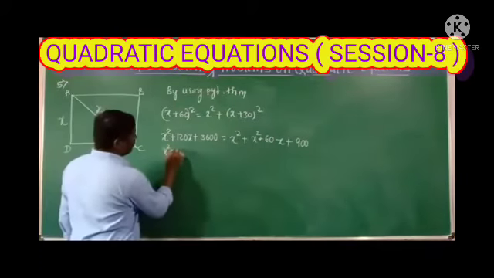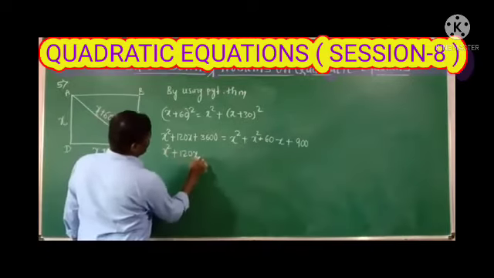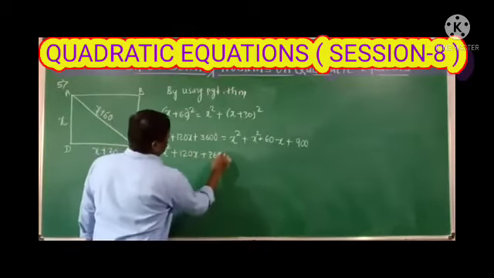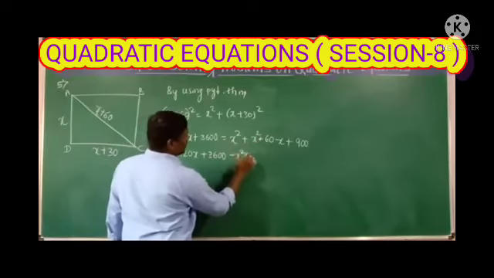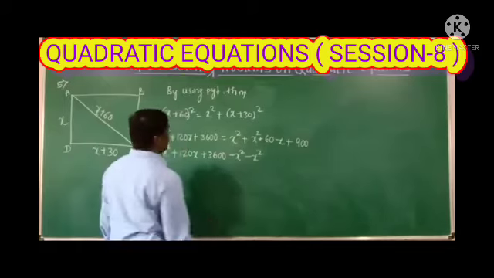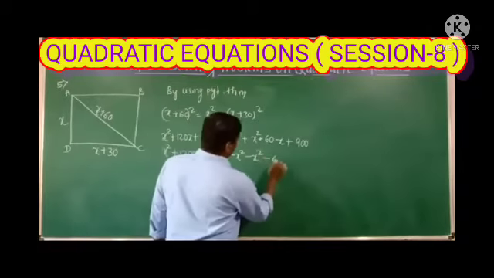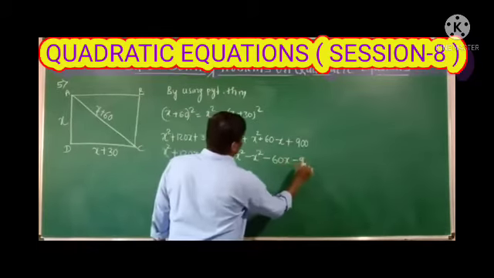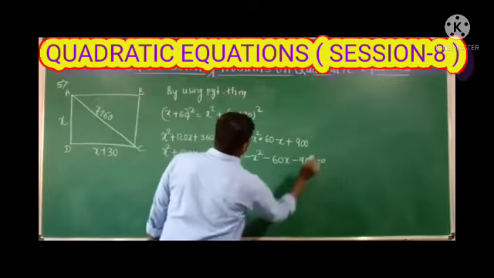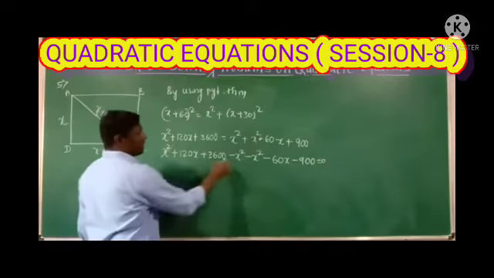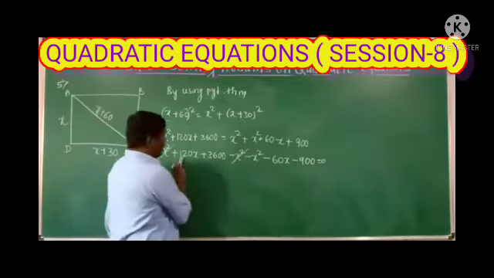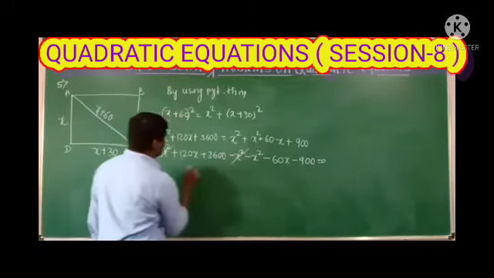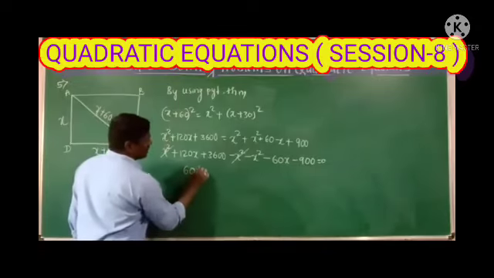x square plus 120x plus 3600, minus x square minus 60x minus 900, which is equal to 0. Plus x square and minus x square get cancelled. 120x minus 60x is 60x.